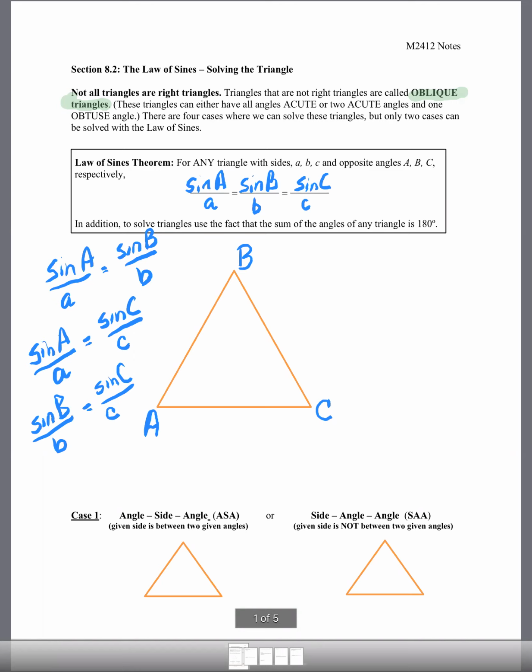Remember, across from angle A is its side A, across from angle B is side B, and across from angle C, side C. So here are the 6 parts of the oblique triangle.